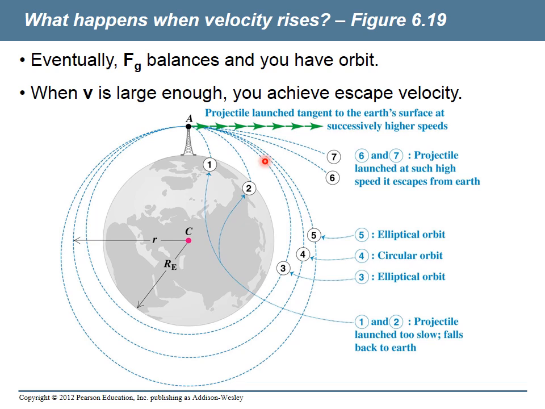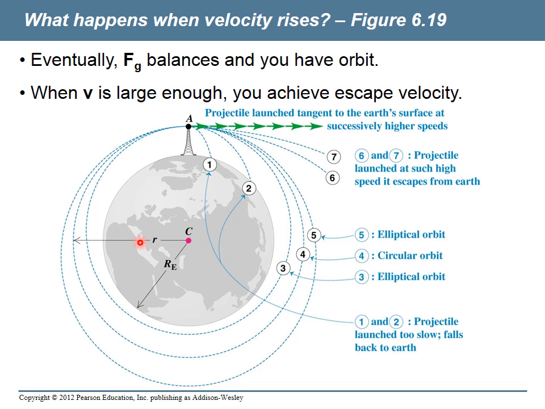If we launched at exactly the right speed, though, where the velocity squared divided by the radius, this radius right here from the path to the center, if that is exactly equal to the gravitational acceleration here, which is going to be a little bit different, remember, because our gravitational force is dependent on how far away we are.